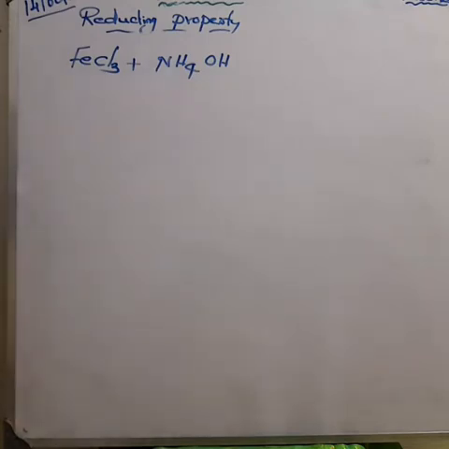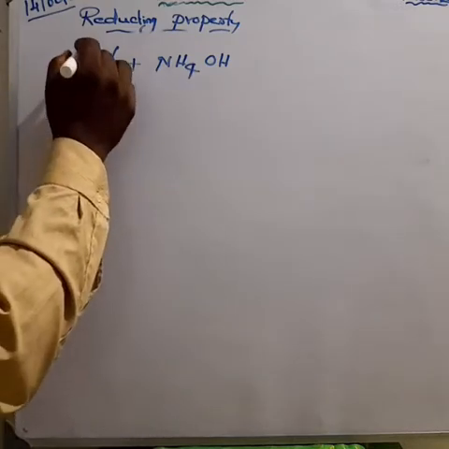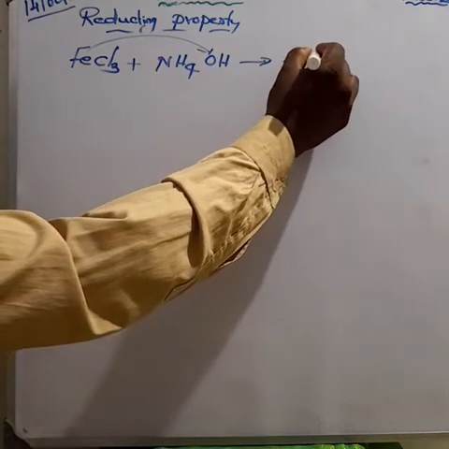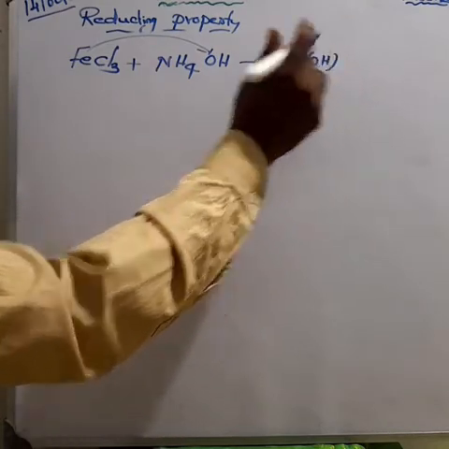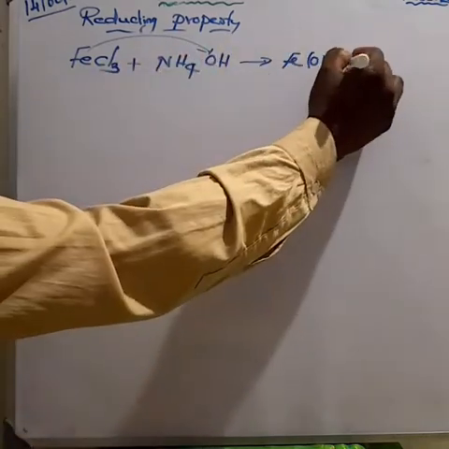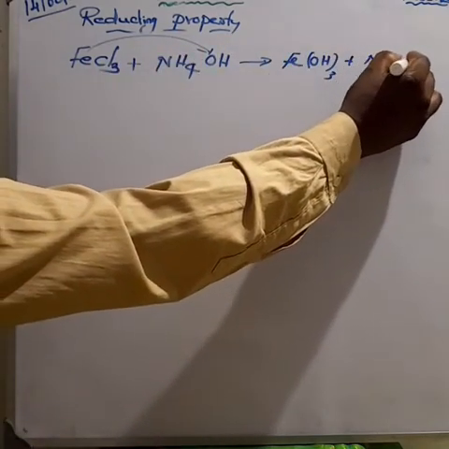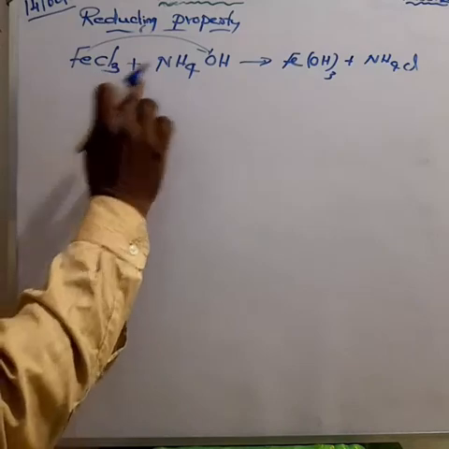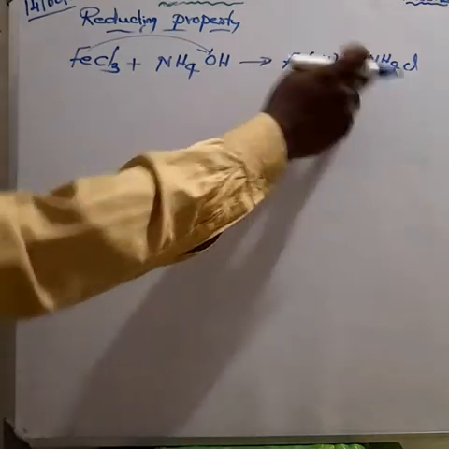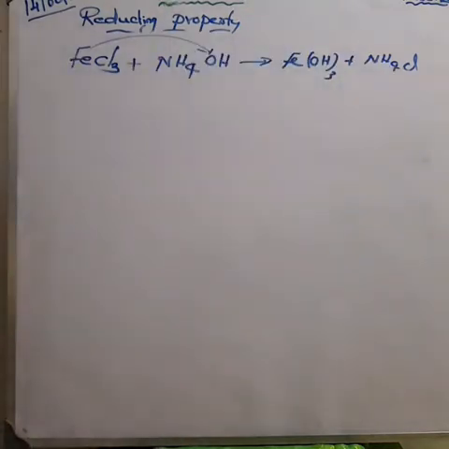NH4OH gives this ion, which combines with the OH, and we get iron hydroxide. Ammonium combines with the chlorine, we get ammonium chloride. Am I right? This is one of the equations. Iron chloride reacts with ammonium hydroxide, we get iron hydroxide and ammonium chloride.